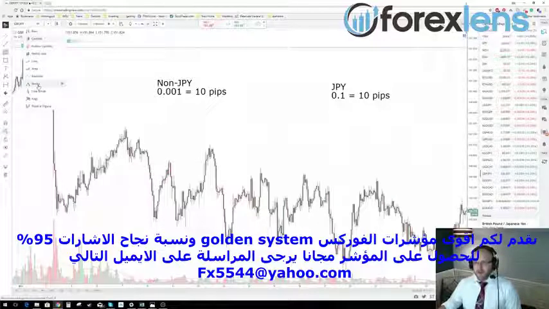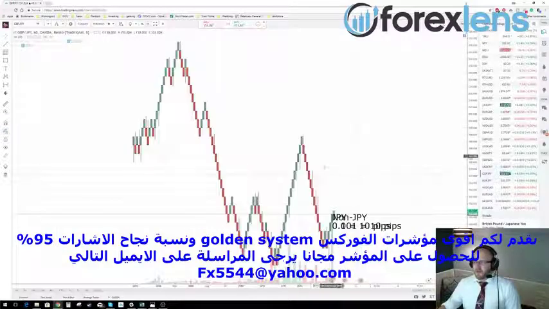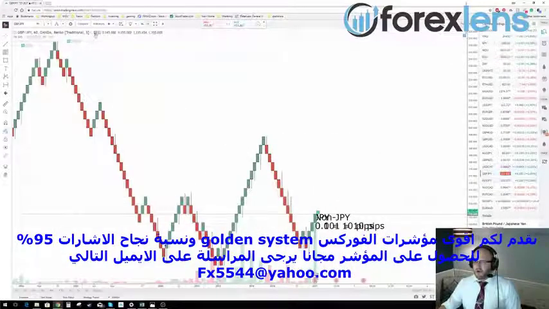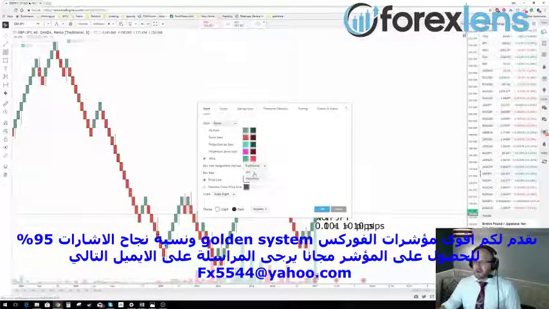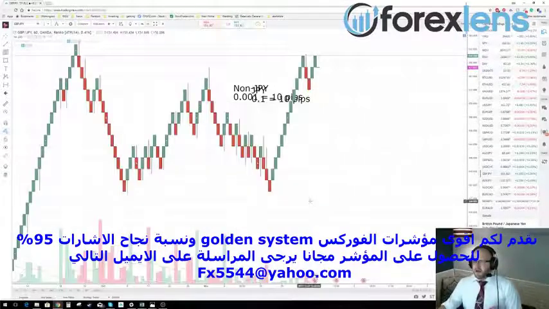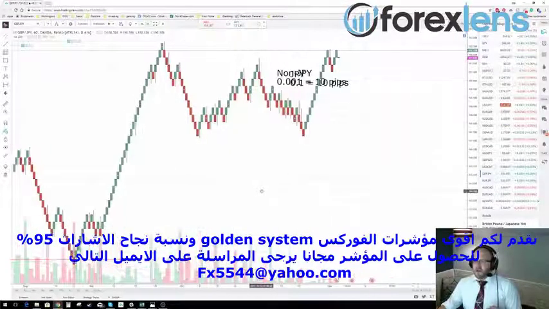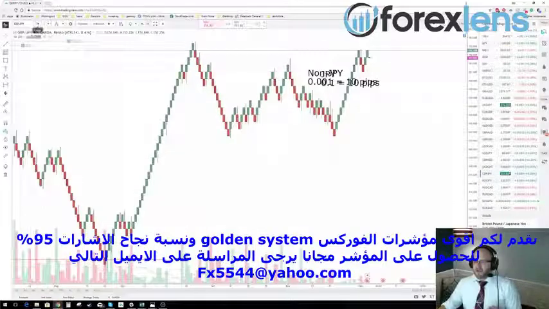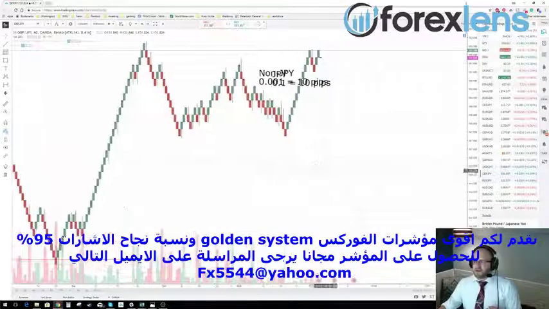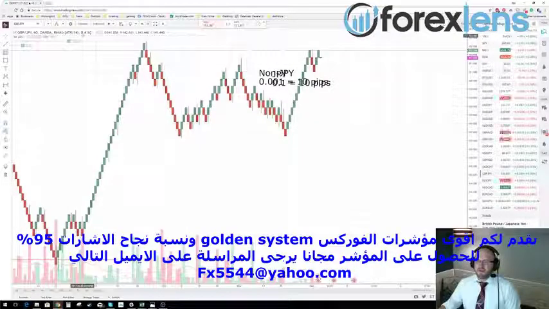If you're using TradingView and you have Renko, what we want to do is change the default setting, which they put on ATR. ATR is going to tell you that over the past 14 periods of an hour chart, so over the past 14 hours, the average movement in this pair, GBP/JPY, a yen pair, is about 41 or 42 pips.